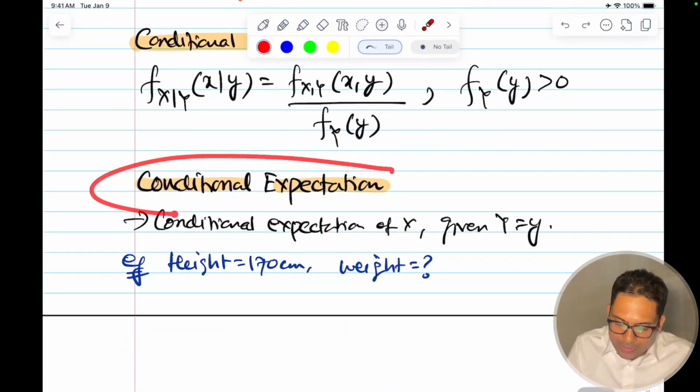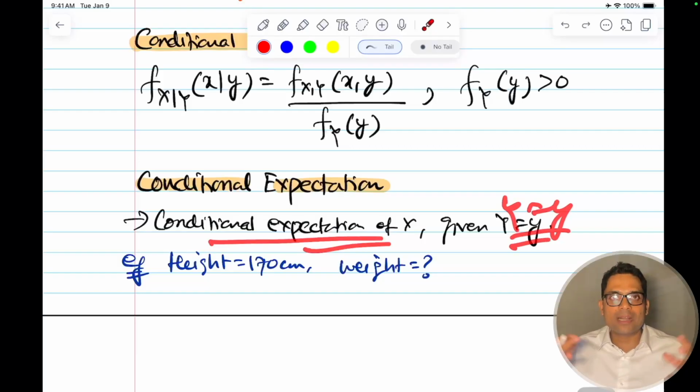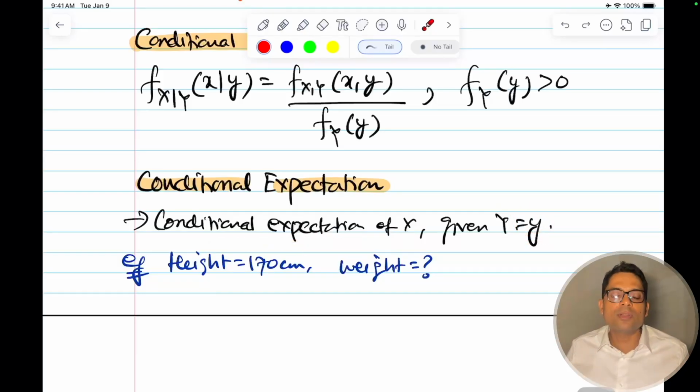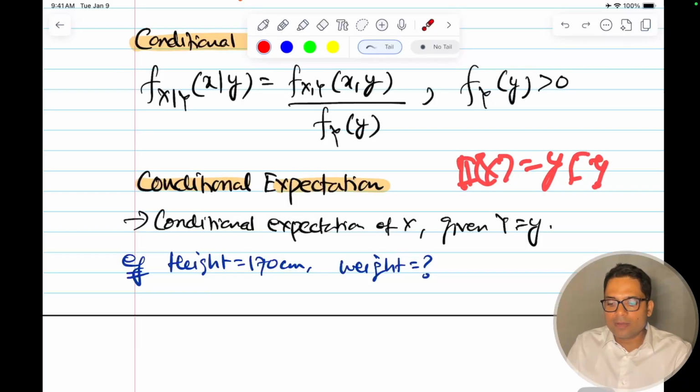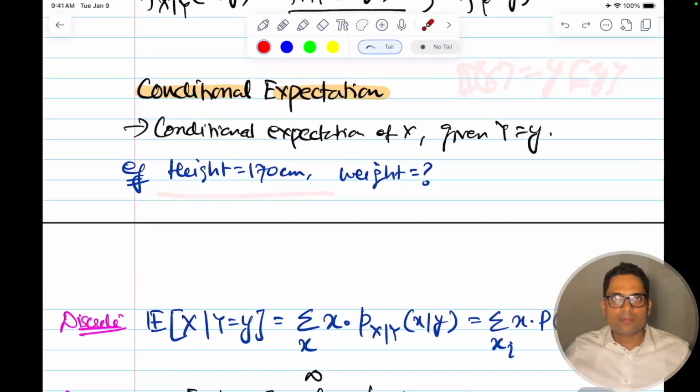Then we did something more, that is conditional expectation. We know the expectation of a value is the average value. But what is the conditional expectation given that another variable, if there are two random variables now? So whatever this complete class is about, two or more than two random variables. So what is the expected value when another random variable has already taken a value? For example, if I have a sample of data which gives me the height and weight of all, and I ask you what is the expected value of the weight of a person whose height is 170 centimeter.